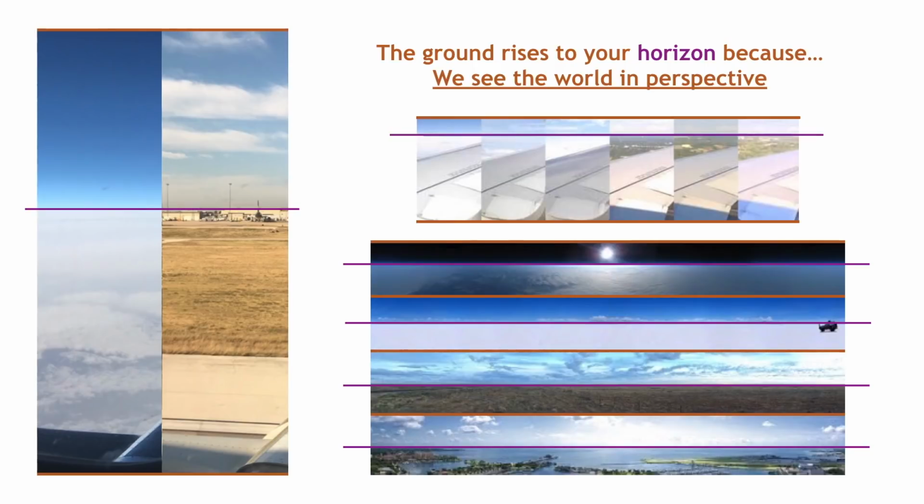The ground rises to your horizon because we see the world in perspective. It is the top and bottom half of our vision. Your eyes were used to deceive you, and you don't live on a ball.